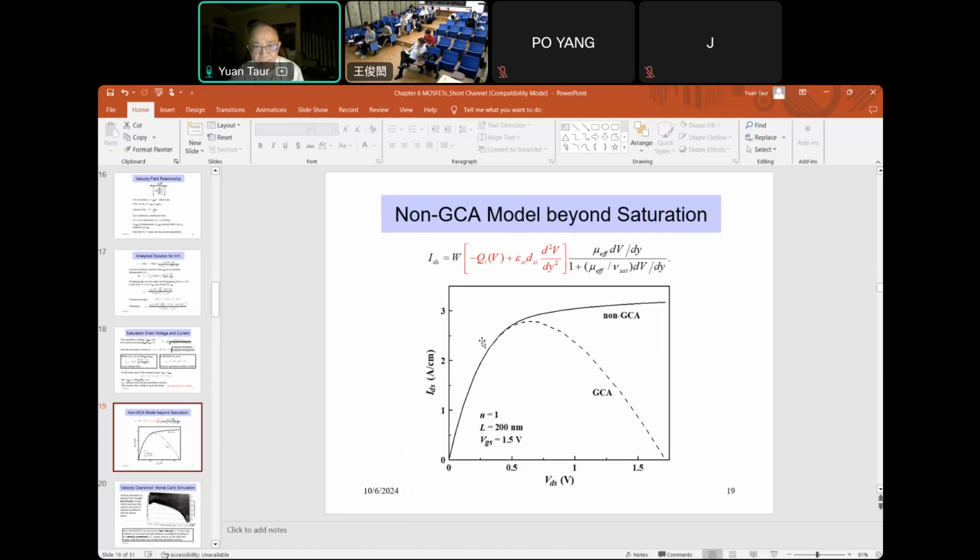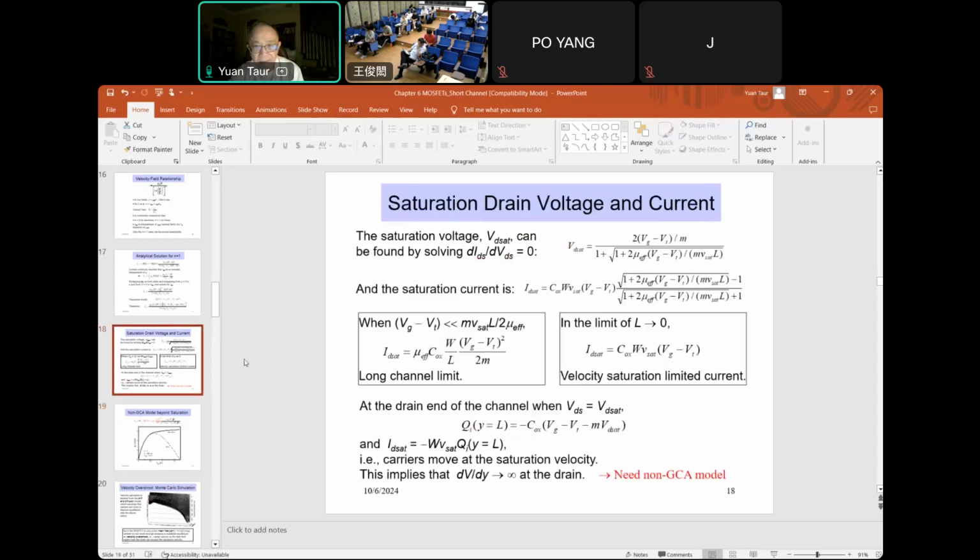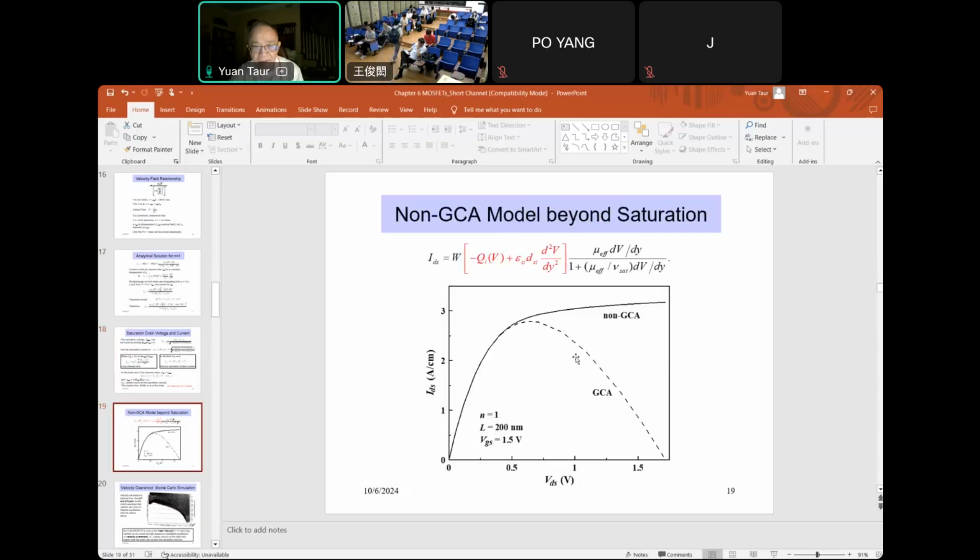So it goes to a peak, the peak given by this. After that, it goes down, which of course is unphysical. That's because there's a second term that supplies the inversion charge. So if you include this non-GCA term, then the curve becomes continuous with a positive slope. So the current still goes up to saturation, but much slower.